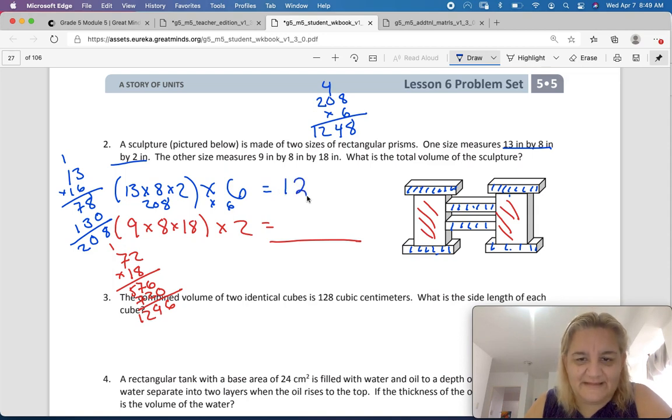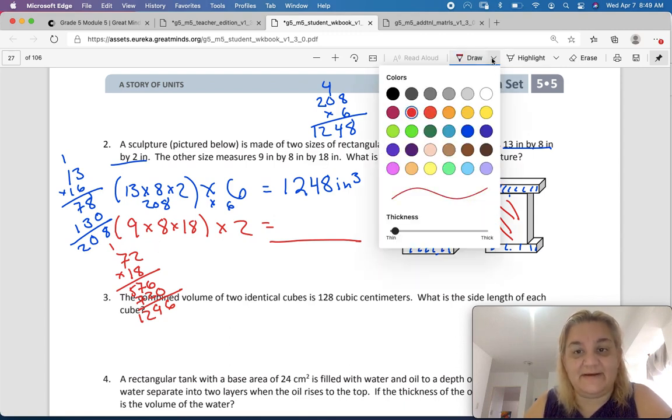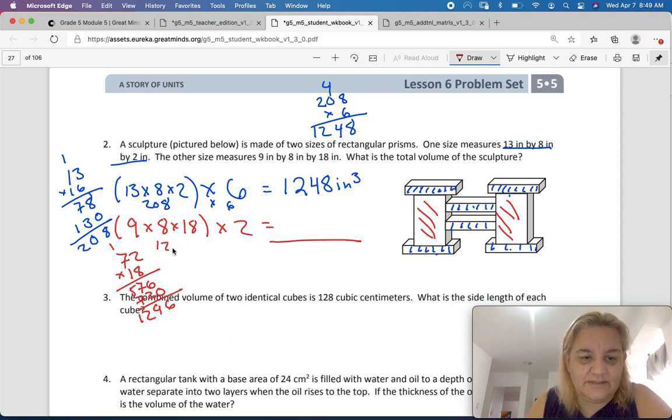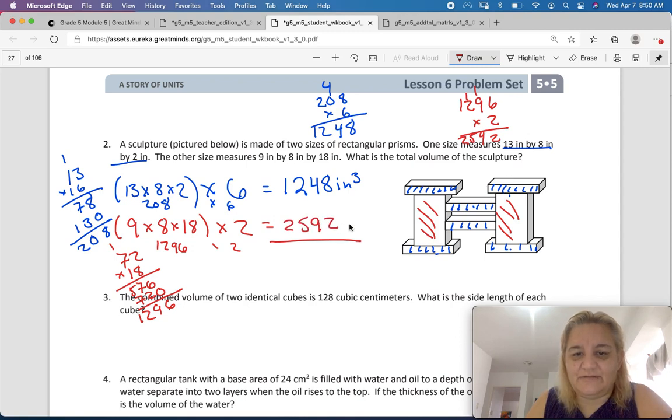So the volume of the small ones is 1,248 inches cubed. And the bottom one, I was about to make the same mistake again. 1,296, that's this, times 2 would be 592 inches cubed.